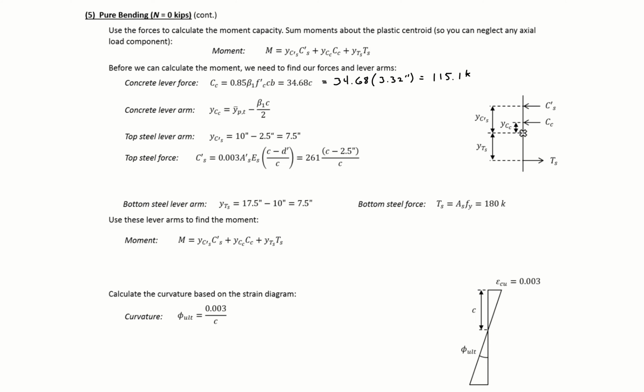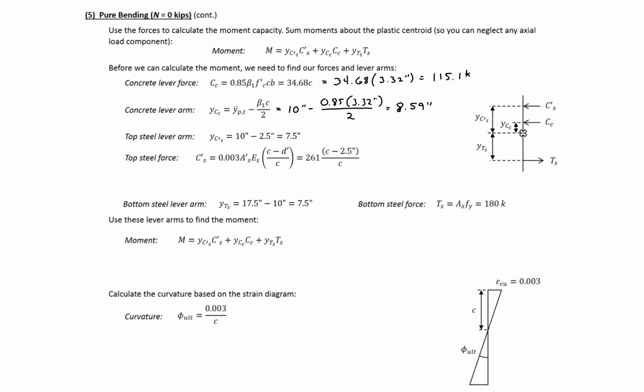We can then find our concrete lever arm. So 10 inches minus 0.85 times 3.32 divided by 2 will give us our concrete lever arm equal to 8.59 inches.